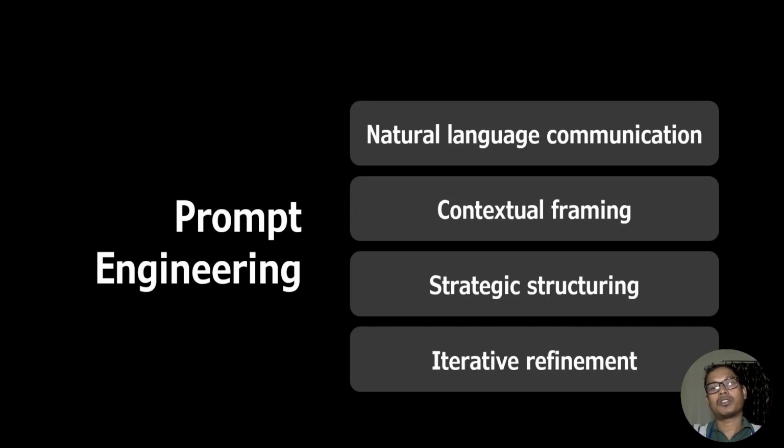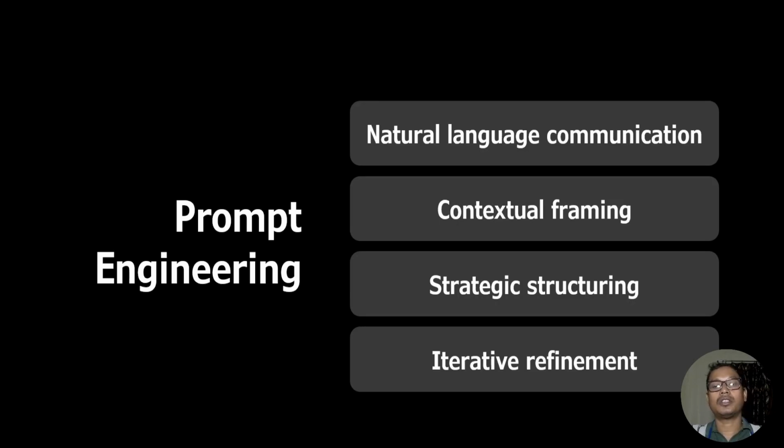One is natural language communication: you need to write your instructions in natural language because these models or agents are capable enough to understand your natural language. You need to write your requirement in proper context so that you don't miss anything while defining a requirement, right? Strategically you define everything so that there is no ambiguity when your AI generates certain output.